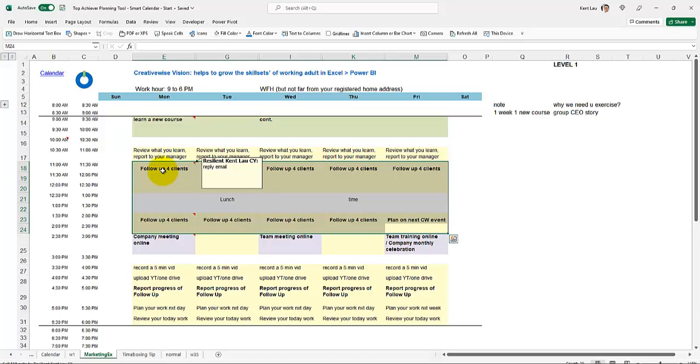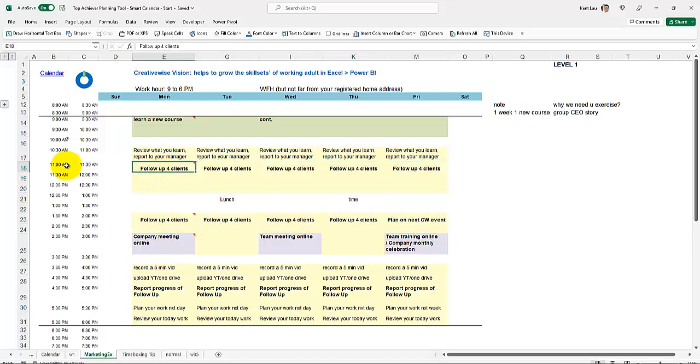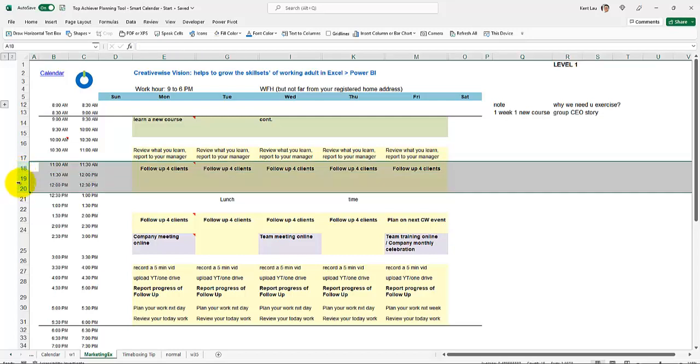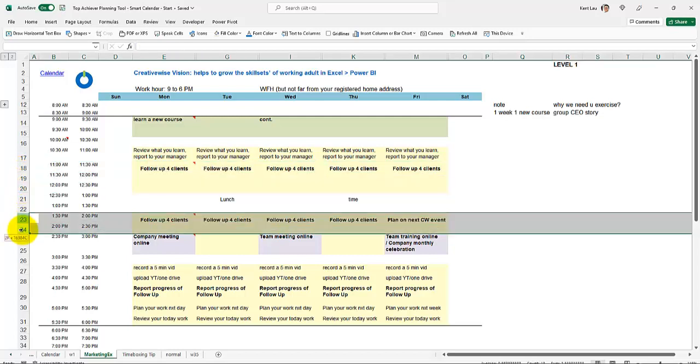So if you say I only followed up 1 client within this period, then you are underperforming because we already spelled it out. Is it reasonable? There is room to change, but we start with just 4, and the clients are already given to you. You just need to follow up with them.